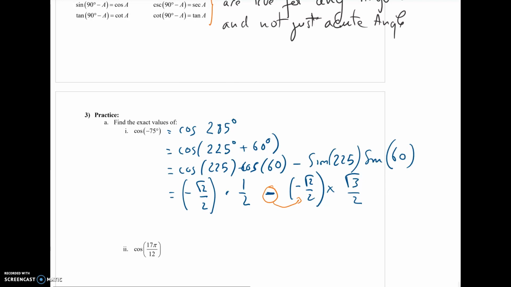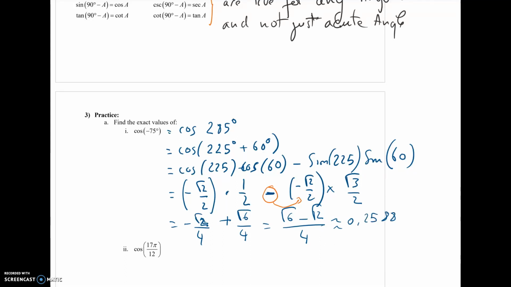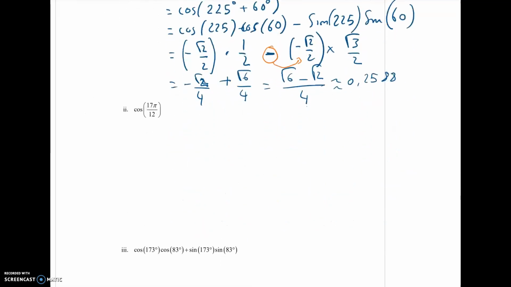Therefore, I end up with negative square root of 2 divided by 4, plus square root of 6 divided by 4, and the answer is square root of 6 minus square root of 2 divided by 4, which is around 0.2588.